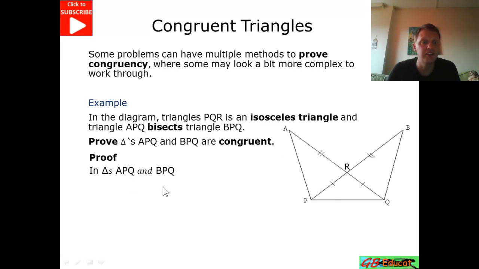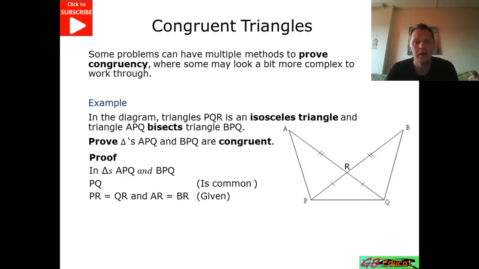So we're just stating first of all which triangles we're working with. Now PQ is actually common to both triangles, this length just here, in which case we can say that's equal in both triangles. PR is equal to QR, and AR is equal to BR, which is given.